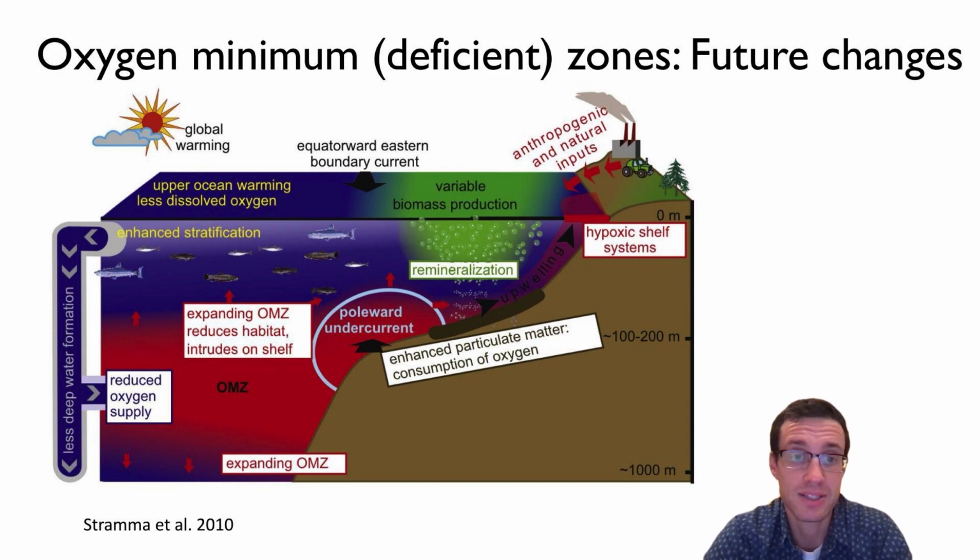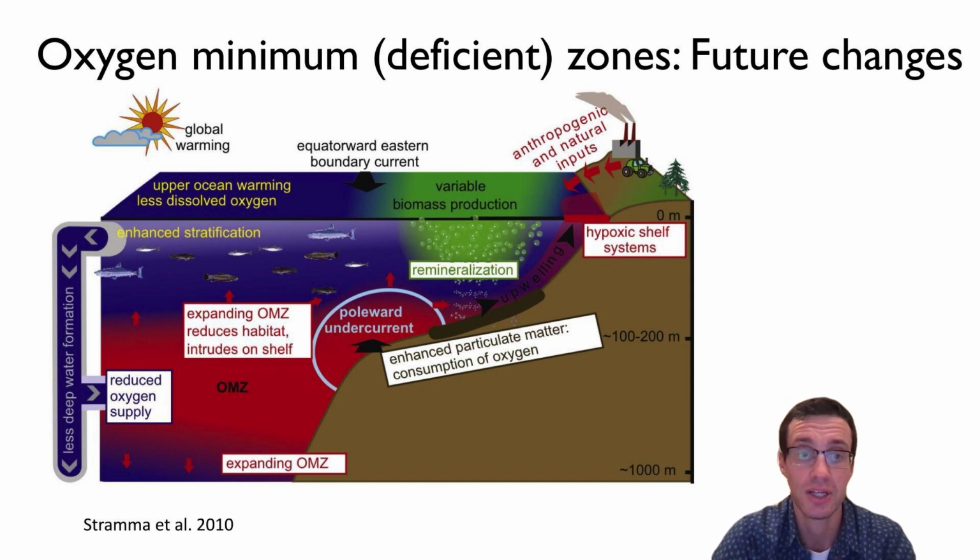One, the oceans are warming, and as they warm, again, due to solubility, the water can hold less oxygen. And so just everywhere in the ocean, but especially in areas that are low in oxygen, that starts to matter, and you start to lose more oxygen, and so that can cause expansion of OMZs. You also have increased stratification.